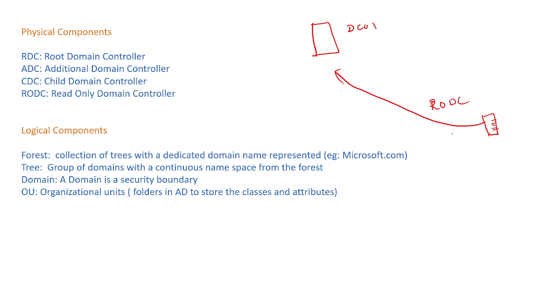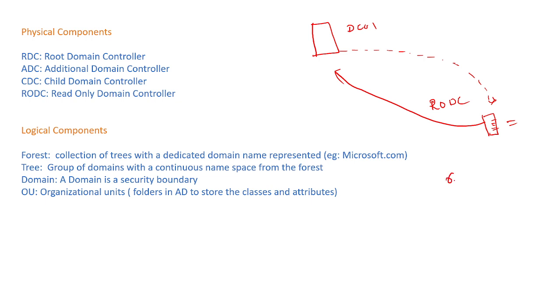When you add this as an RODC, whatever contents are there in this domain controller, everything will be synchronized to this machine. So you have 1 lakh users, 1 lakh computers, everything will come and sit here.